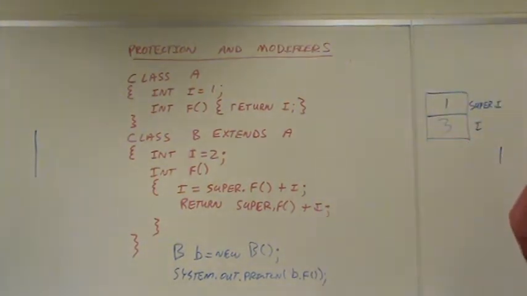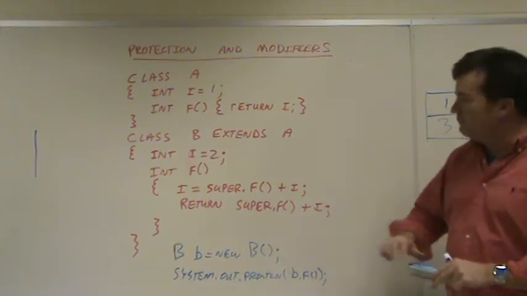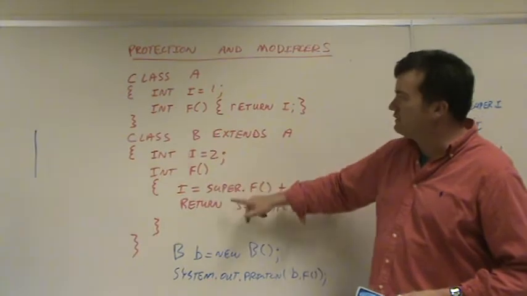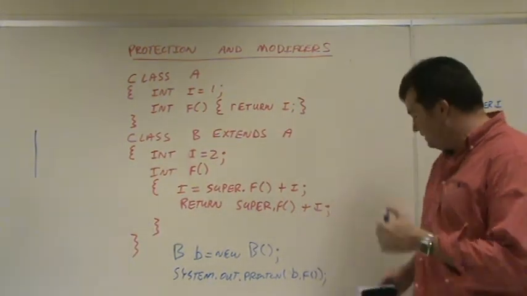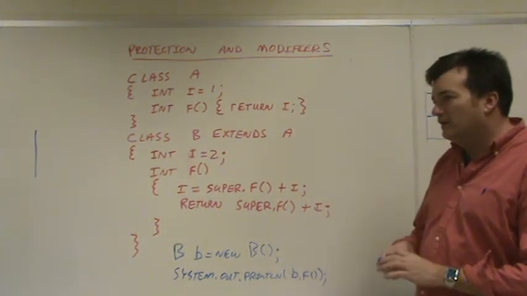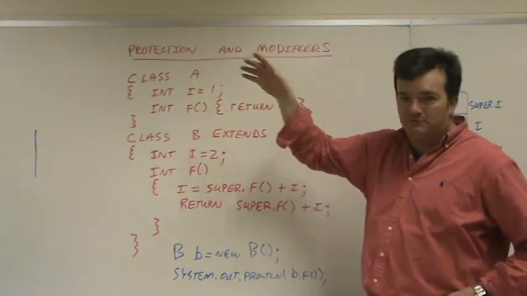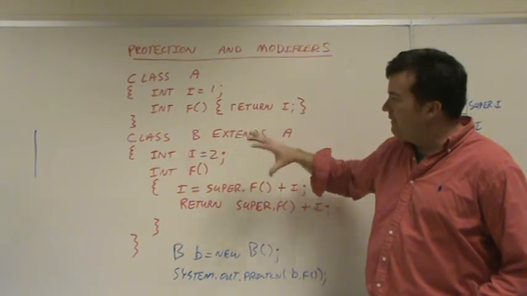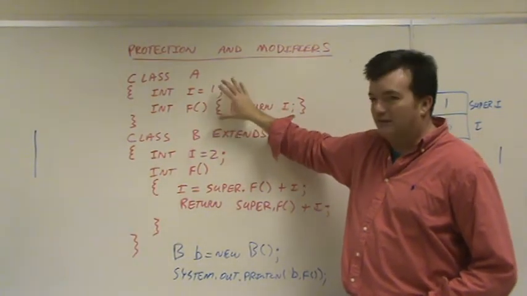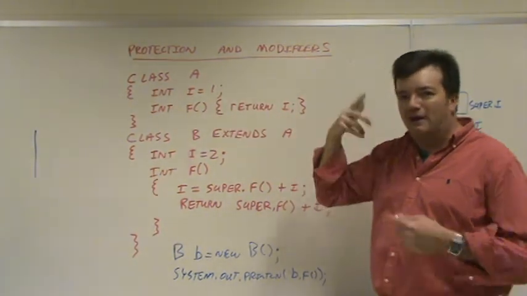Okay. So the fact that we can have method names and variable names match the ones we've inherited. Here's another reason why you might allow it. Suppose the class you're inheriting from is some class you bought from some company, and they don't publish the names of the variables they're using, and you start making up your own names.